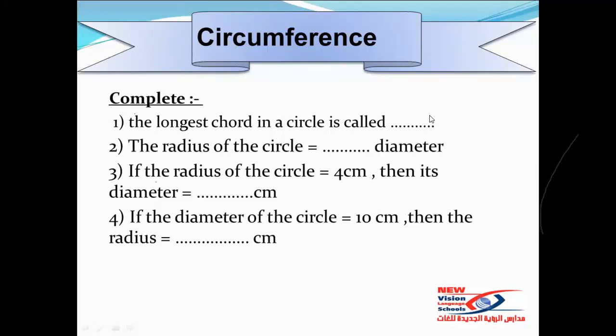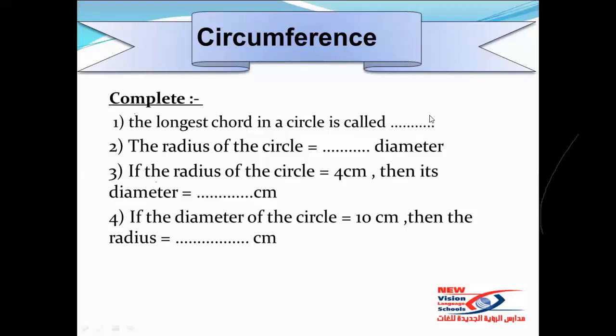The radius of the circle is equal to what of the diameter? Twice? Quarter? Half? Equal what of the diameter? Half. Half of the diameter. Excellent.